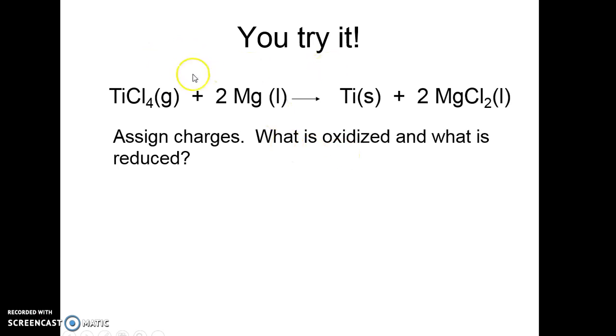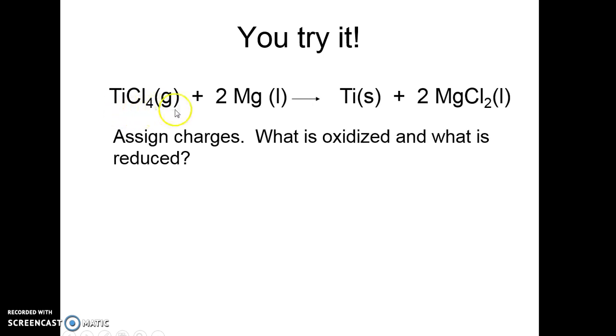Okay, the first thing you notice is that this is an ionic reaction. So even if it didn't say assign charges, you should say ionic compounds. I've got to assign charges in order to determine what's oxidized or reduced. So you assign the charges. Because there's 4 chlorides attached to this titanium, it must have a positive 4 charge.